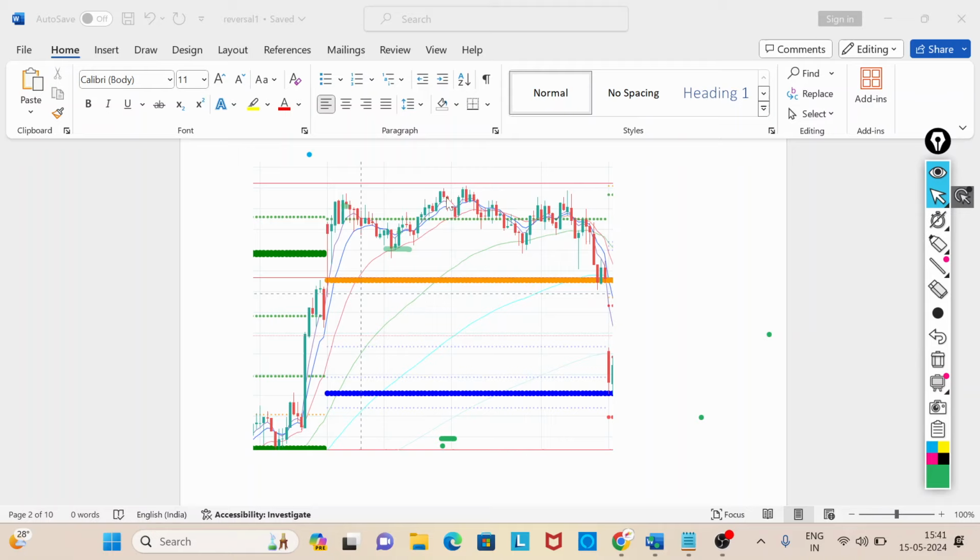And one more opportunity here: it went these many candles up, it didn't touch the 5 EMA, and we should have entered as soon as it broke here, and we should have taken profit as soon as it hit the 20 EMA. And again, I don't see any other opportunity.